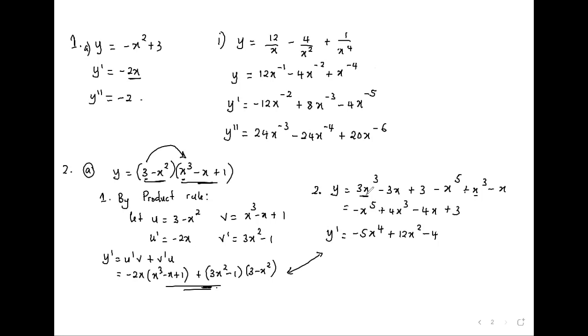We get 3x^3. 3 by x, we get 3x. 3 by 1, we get 3. We come back, x squared by x^3, and we get x^5. X squared by x, we get x^3, and then x squared by 1, we get, in fact, it's supposed to be x squared. So we get x squared.